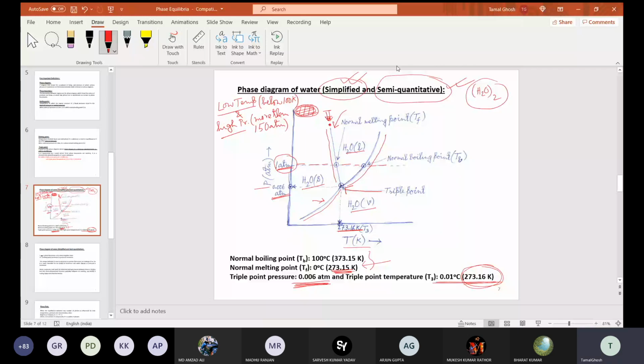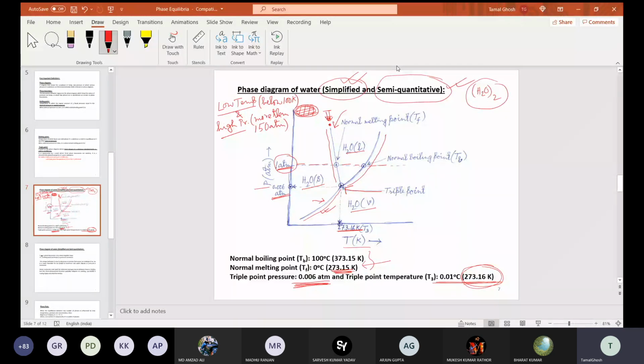So at any point on these phase boundaries, you remember two phases are existing. Now which two phases? Those two phases which are separated by the phase boundary. Say if you take this particular phase boundary, which I have put a tick mark just now, which is between solid and vapor.